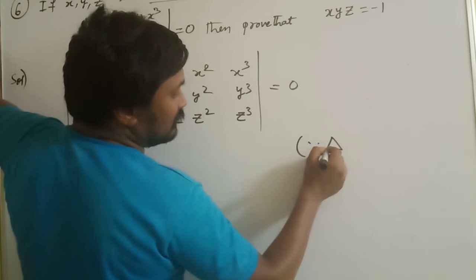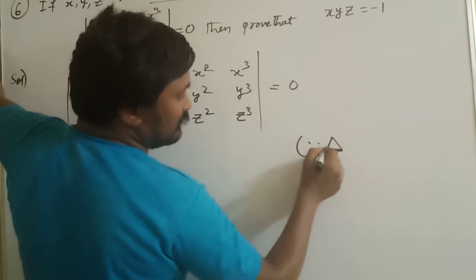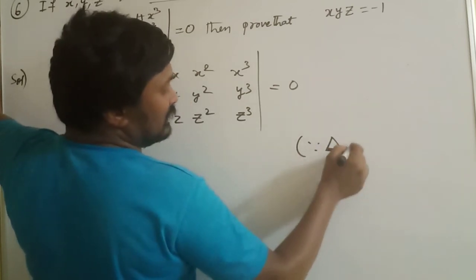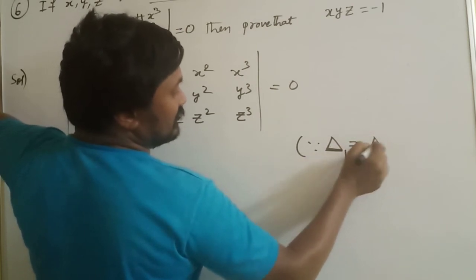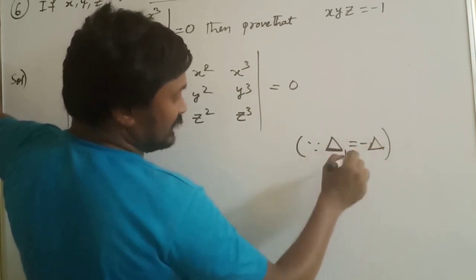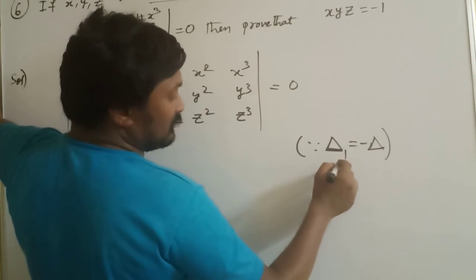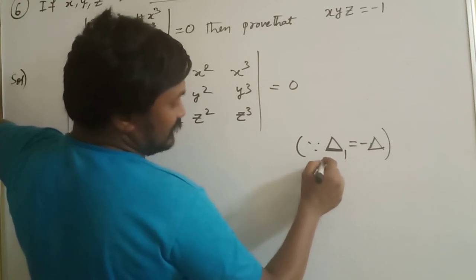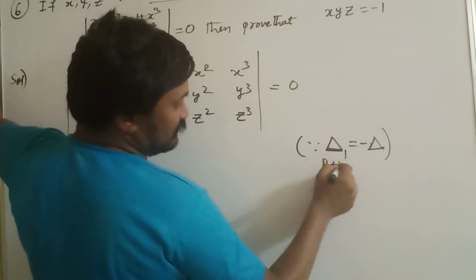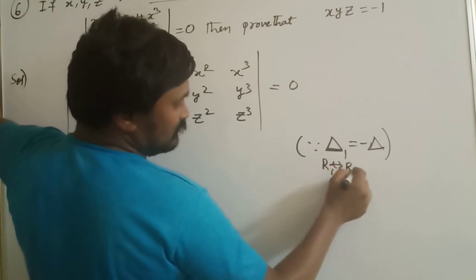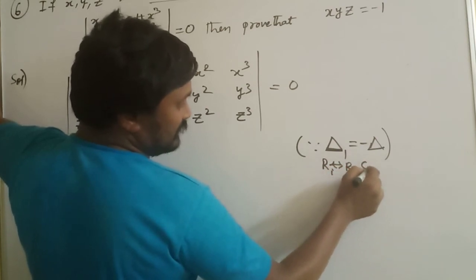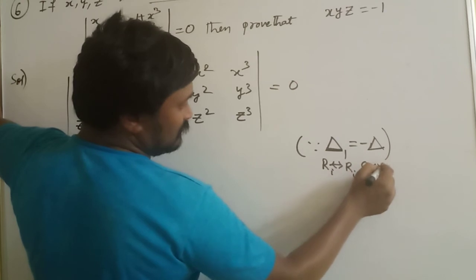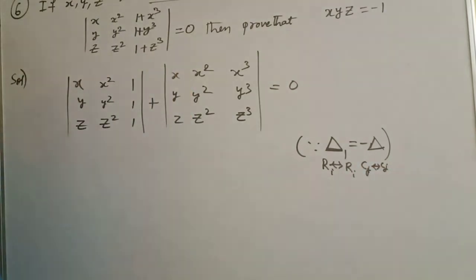Delta 1 is equal to minus delta when you change any rows or columns. So if you interchange row with row or column with column, whichever it is, okay? For that purpose, just check carefully now.